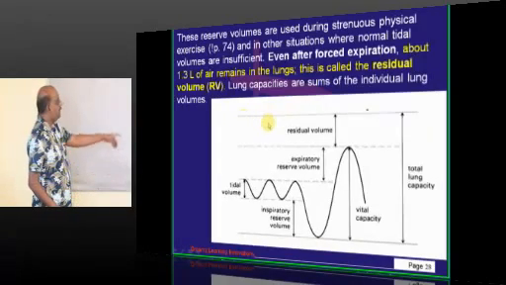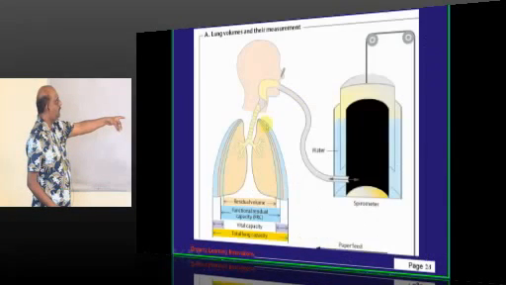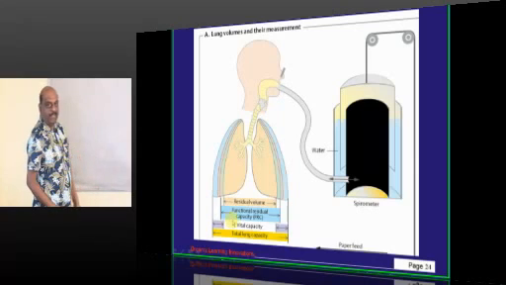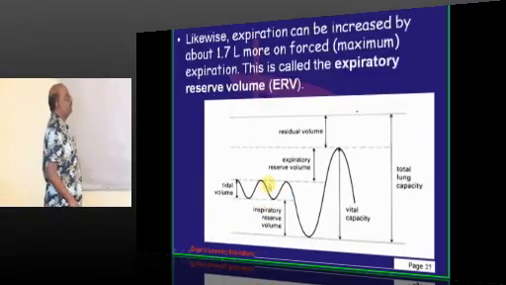That is what is asked. What is given in the image? This is total lung capacity. You have vital capacity, then you have RV, then you have FRC. FRC comes by adding ERV and the RV, expiratory reserve volume and the residual volume.